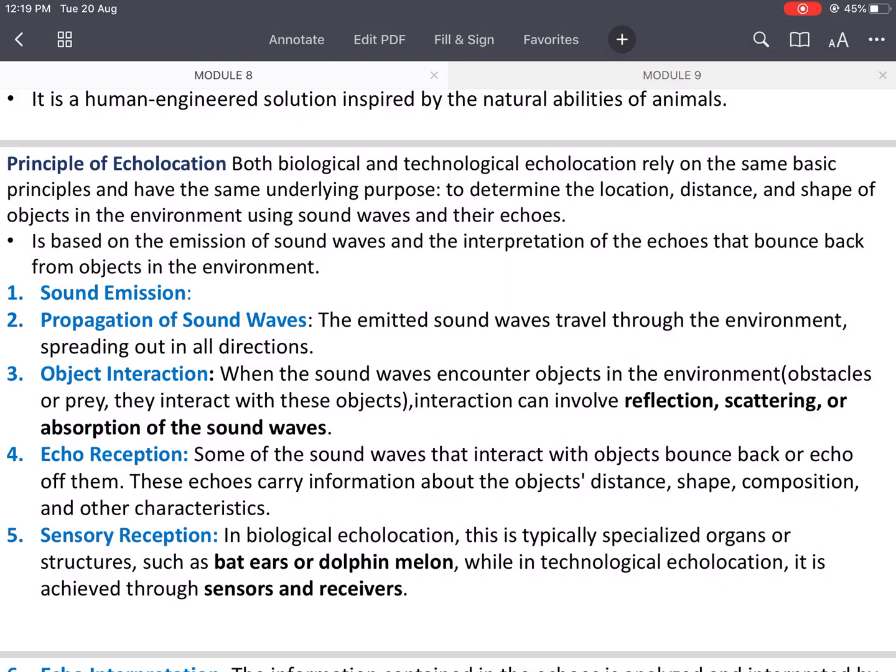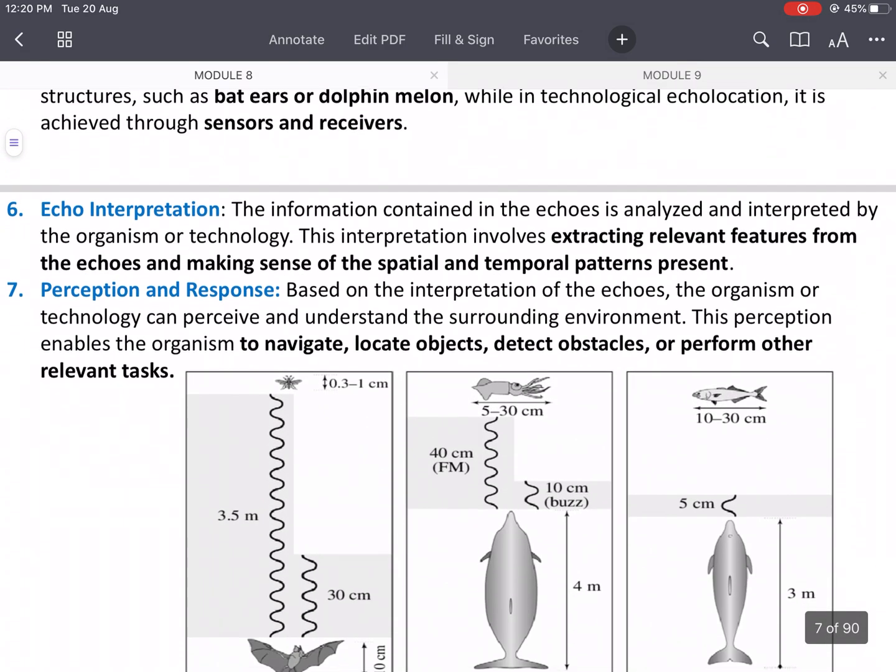First, a sound wave is emitted, the sound wave propagates, and there is an object which interferes with the sound wave. Once interference is done, an echo is generated. This echo is received in echo reception. Then analysis is done, called sensory reception.